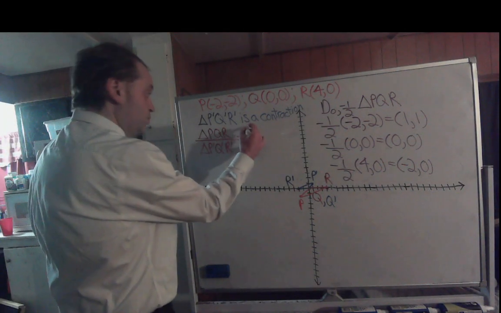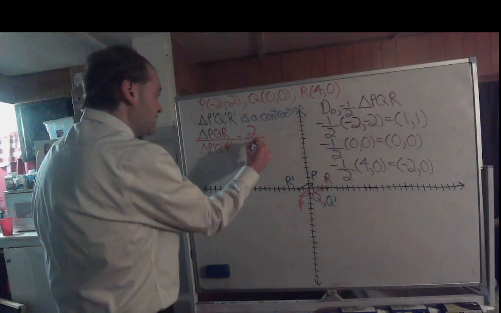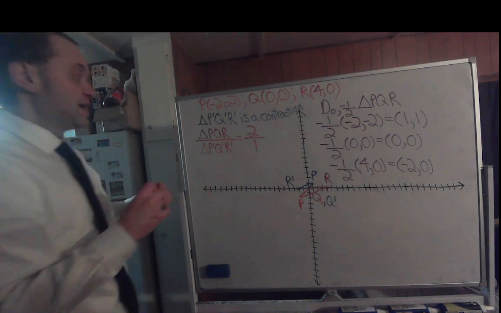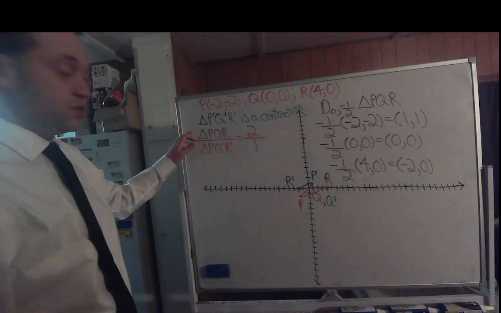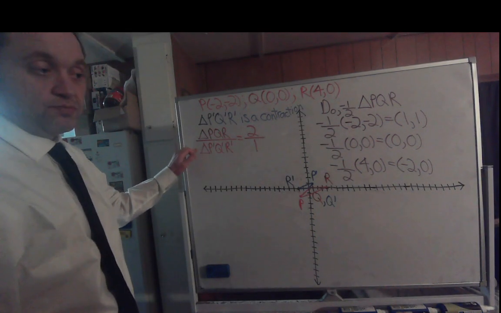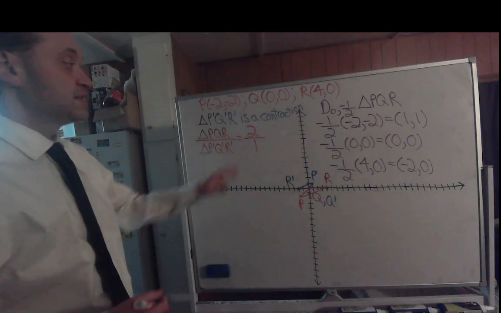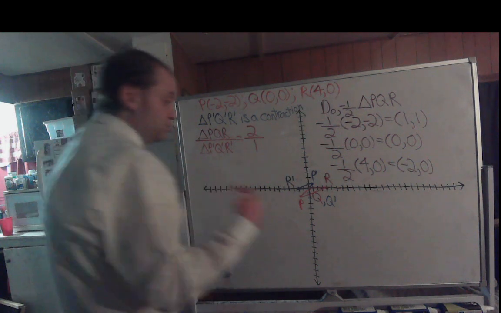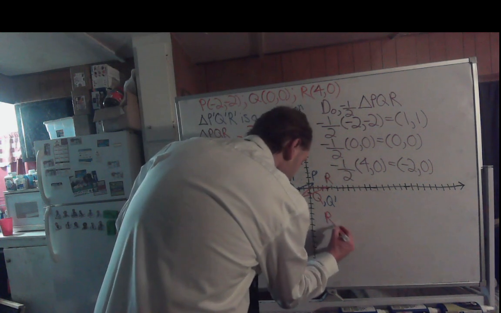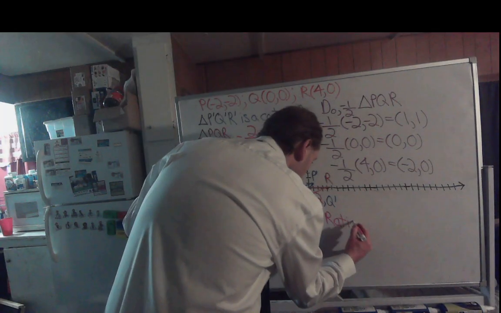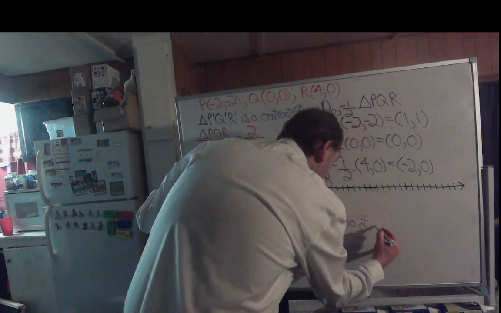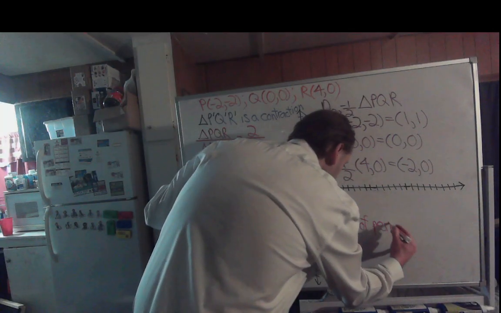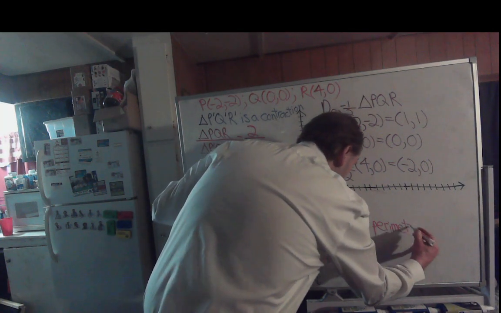Well, it would be 2 to 1. So the scale factor from triangle PQR to triangle P prime, Q prime, R prime has the ratio of 2 to 1. Which means that the ratio of perimeters would also be 2 to 1. The ratio of perimeters is 2 to 1.